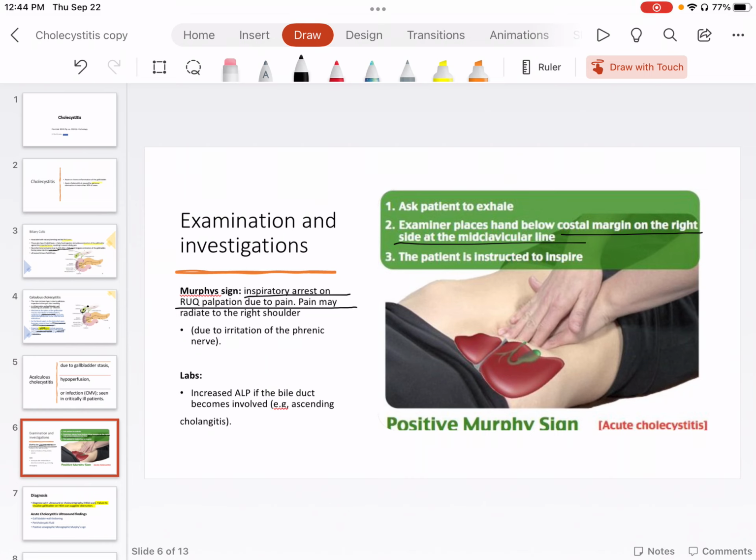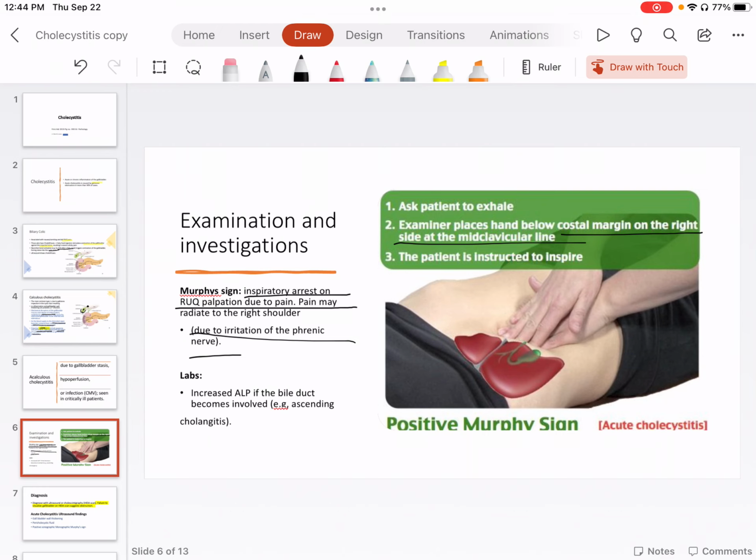This is Murphy's sign. Why is pain radiating to the right shoulder in this situation? This is due to irritation of the phrenic nerve. Since the diaphragm and right shoulder share the same nerve supply, that is the phrenic nerve, that is causing pain radiation to the right shoulder.